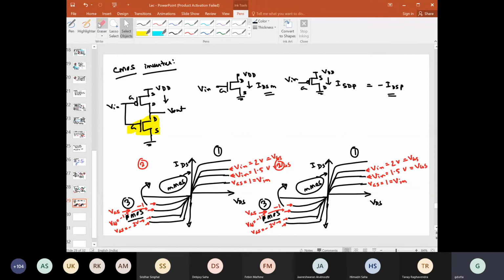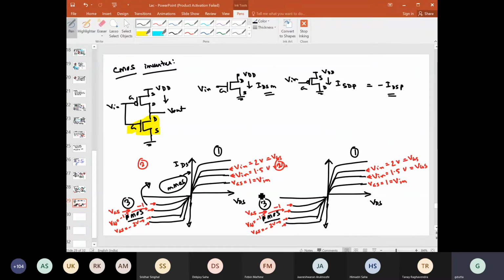See here, this is IDS. This is already the NMOS. So that I can draw this flipped part here, there will be some space shortage issue.